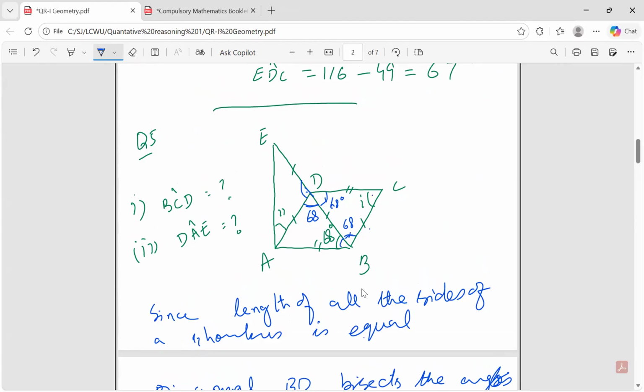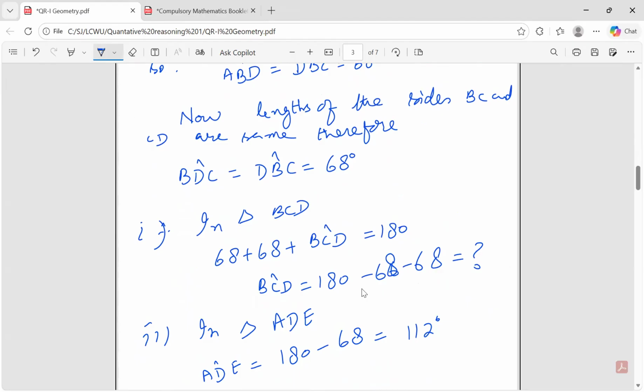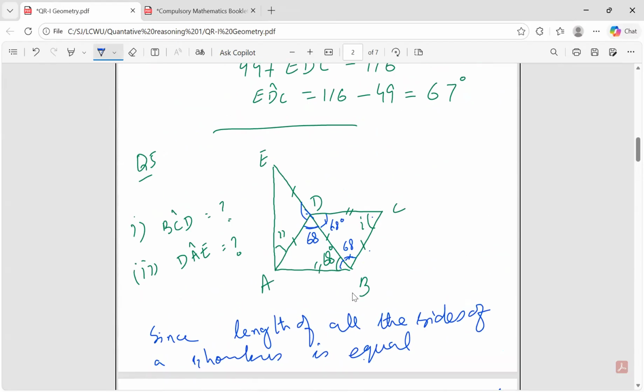Let's compute this angle first because we need to use it. So this will be 180 minus 68 minus 68 equals 132, sorry, 136, which is 44 degrees. So if this angle is 44 degrees, the opposite angle will be 44. Now this one is 44 degrees.